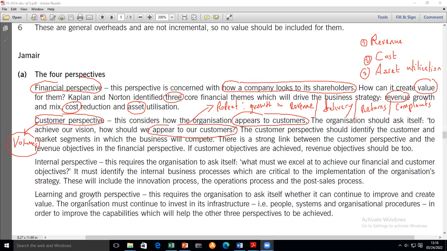Our processes must be efficient. For customers to be happy, we need to work on our internal processes.